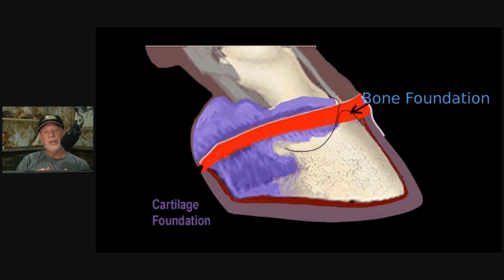Okay, so because that presents a larger circumference, the coronary band cannot ride up over it if it's attached. Okay, but what's interesting is that the coronary band is not attached to bone or cartilage except for 2 small areas. Okay, and it's quite amazing.